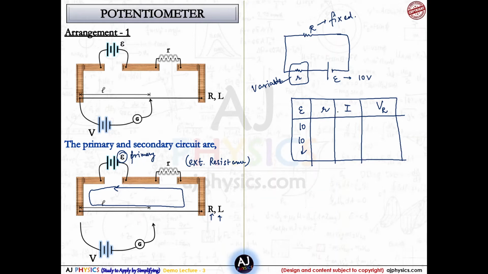Now what you will see: if you increase the value of the variable resistance R, which is actually the external resistance here, then as R goes on increasing, the current in the circuit will decrease and the voltage across this R resistance will also decrease. This is the major thing you have to see while substituting all these values.